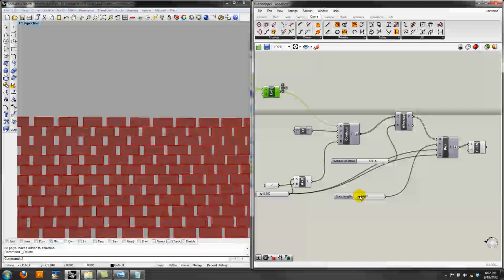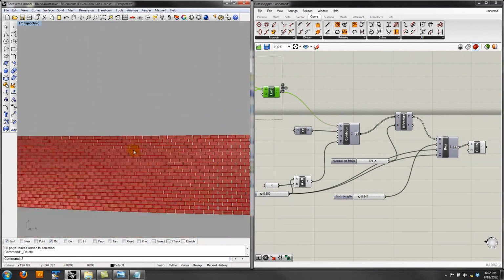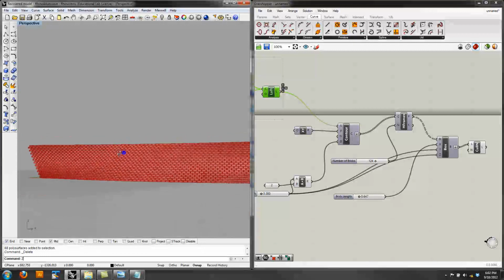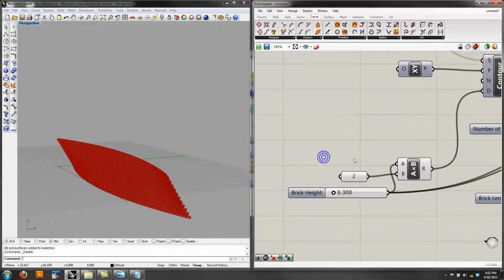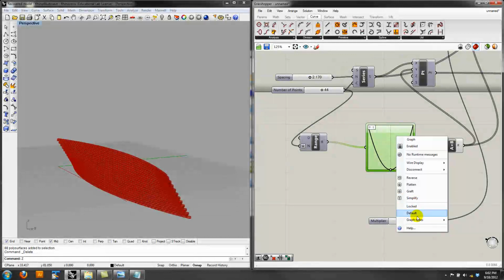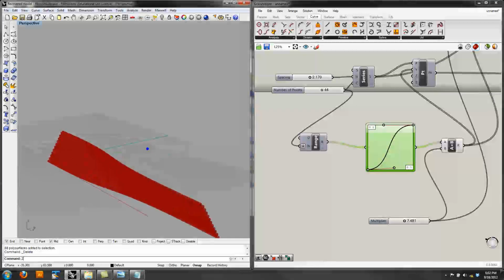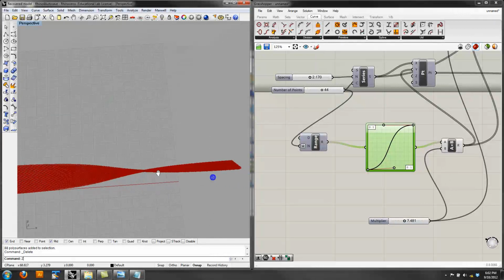Very small differences in spacing make a big difference here. My parabola wall could go through, and I could change this slider to Bezier wall. So it kind of twists.